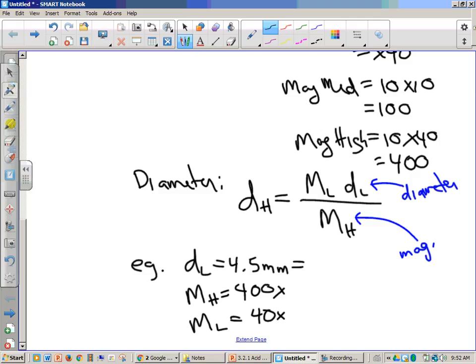Now, what did I want to do with that DL? I didn't like millimeters. So what did I turn that into? Anybody remember? Yep. Micrometers. And what did I have to do with that 4.5 to turn it into micrometers? Yep. Times by 1,000. 4,500 micrometers.